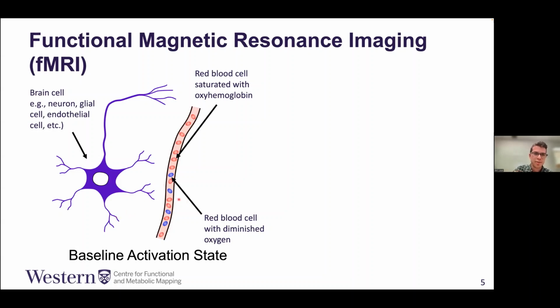And as the red blood cells lose oxygen, the hemoglobin becomes more paramagnetic, meaning that in an externally applied magnetic field, it produces its own field. And if we use a sequence that can detect this, such as T2 star, then the signal drops as it becomes more paramagnetic.